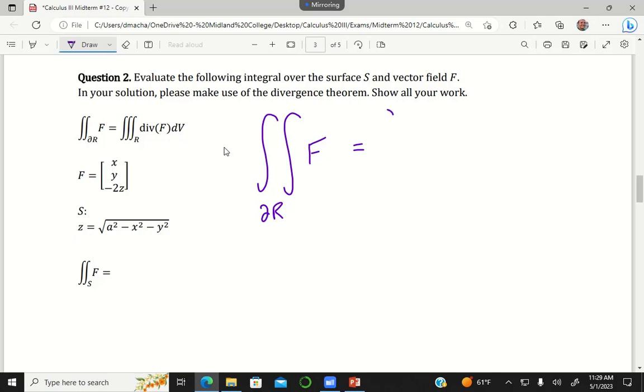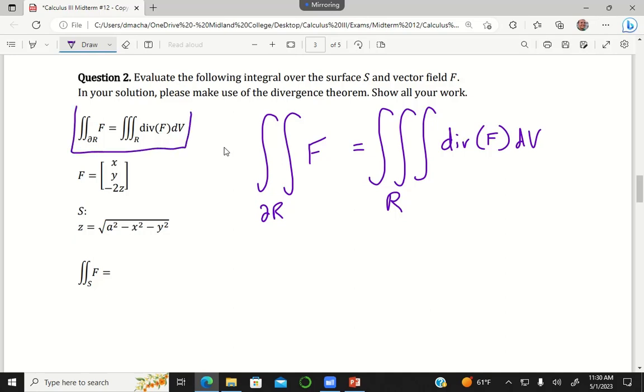And then we said, according to the divergence theorem, that is the same thing as taking a triple integral over the entire 3D region of the divergence of F. We can write dV because we're talking about a differential chunk of volume. Oh, I actually gave you that formula right here. I didn't even need to rewrite it. Okay. So there it is.